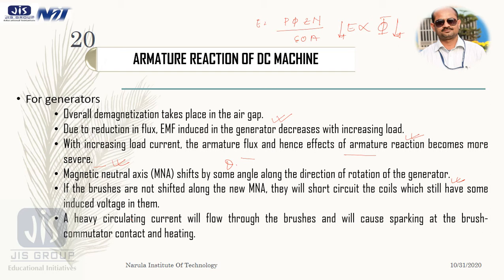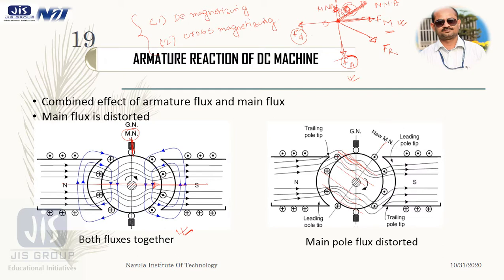Now as the magnetic neutral axis changes, the brushes have to be shifted along the new magnetic neutral axis, otherwise there will be sparking and they will short circuit the coil, which still has some induced voltage in it. Previously, if we recall this figure, the brushes are here only.